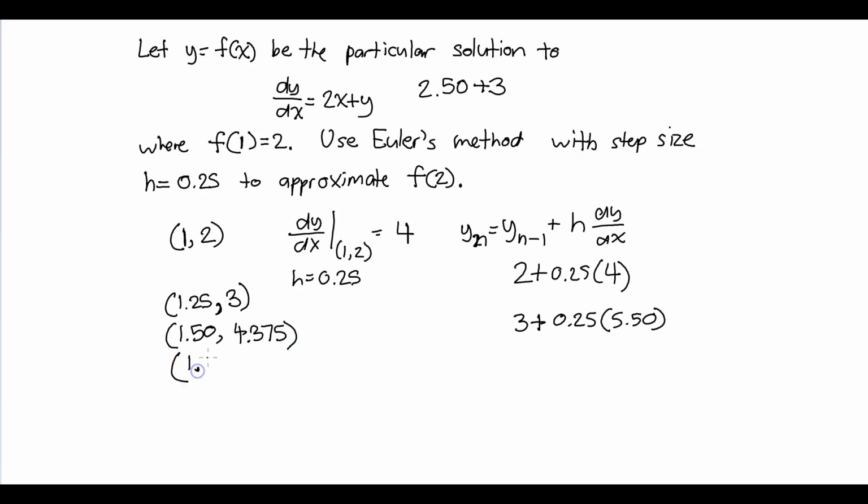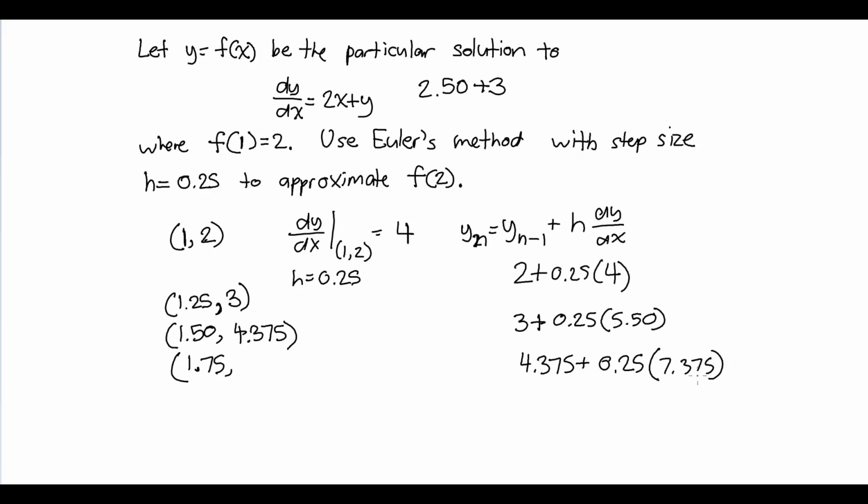Now for 1.75, our next x value, dy/dx at our previous point is 1.50 plus 4.375, which is 5.875. Wait, we take y4 equals 4.375 plus 0.25 times 7.375.